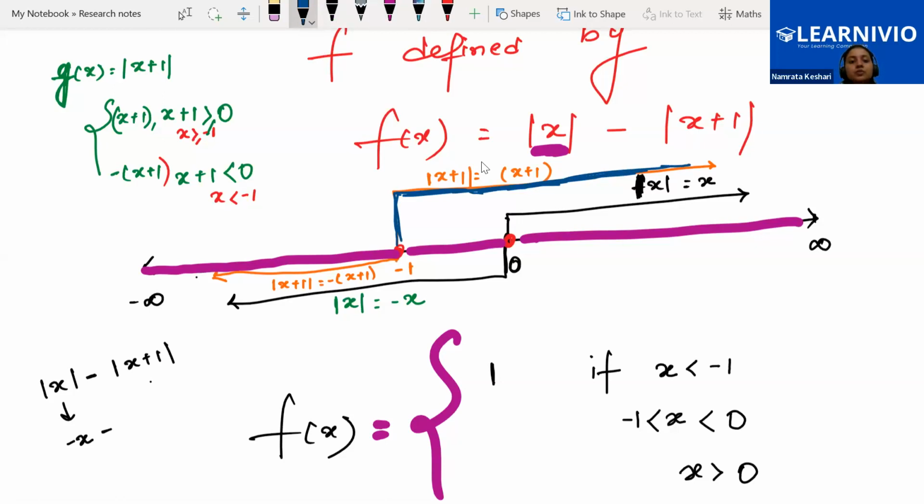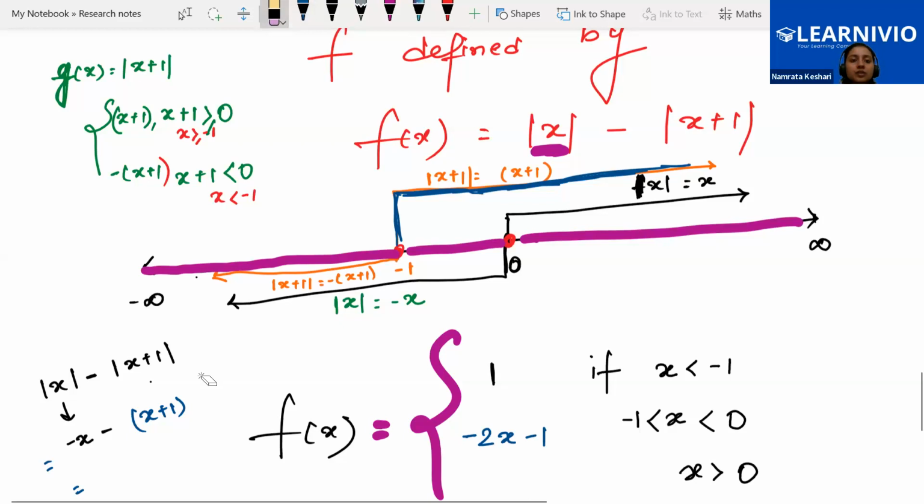Yes. So in between -1 to 0, mod of x plus 1 is generating x plus 1, without any negative sign. If we do the simplification, what are we going to get, Fatima? Minus 2x minus 1. Any confusion so far? No, ma'am.